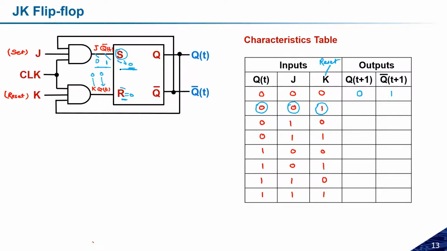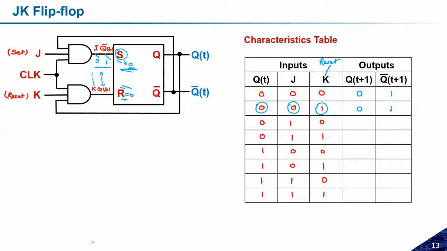If we talk about k into qt, k is equal to 1 and qt is equal to 0, so again r will become 0. So if r is equal to 0, set and reset both will be 0, and again it will maintain the same logic like 0 and 1.